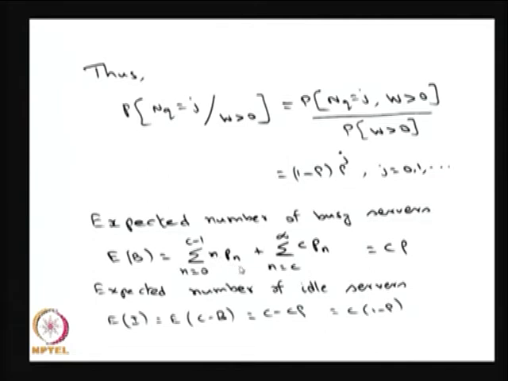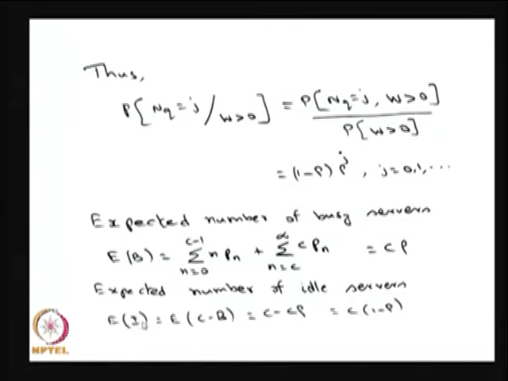Whenever there are C or more customers in the system, all the C servers are going to be busy. Therefore, C times Pn. If you simplify, you will get C times rho. So that is the expected number of busy servers. Once I know the expected number of busy servers, I can find the expected number of idle servers also. It's a negation.